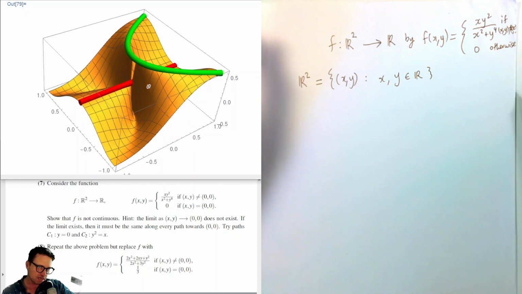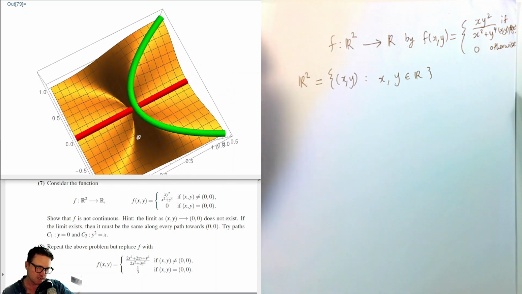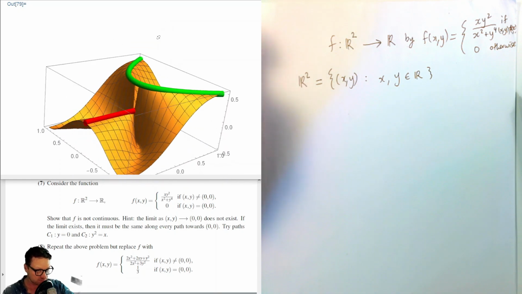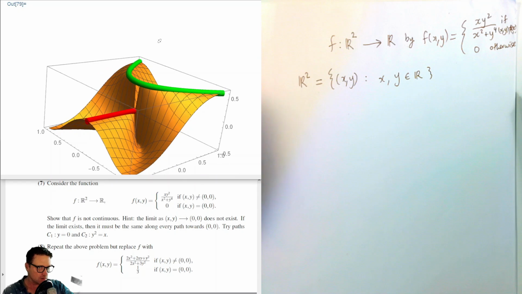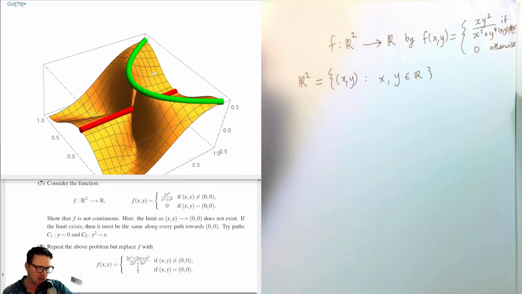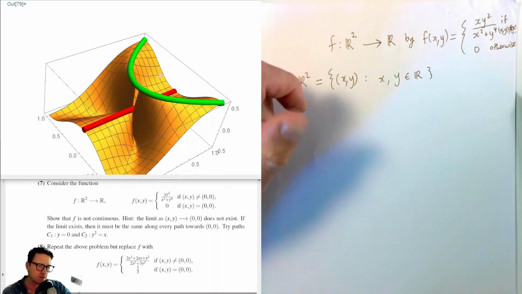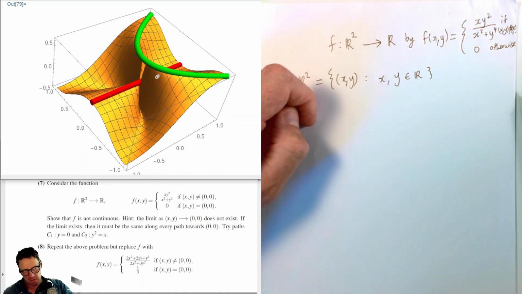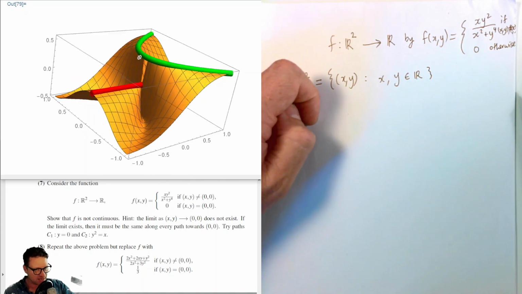Okay, likewise, here we have this green parabola. Now notice it sits on the surface. So along the path y squared equals x, or x equals y squared, that also goes towards 0, 0, but you can see that they take you to two different heights.